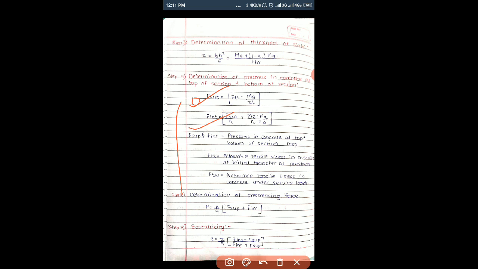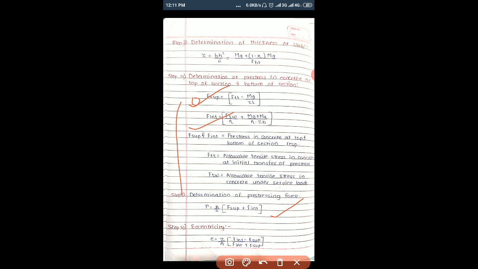Now we'll arrive at the main part, that is determination of pre-stressing force. Here we calculate the pre-stressing force P. How do we calculate the force? It is stress into area. Stress is load divided by area.